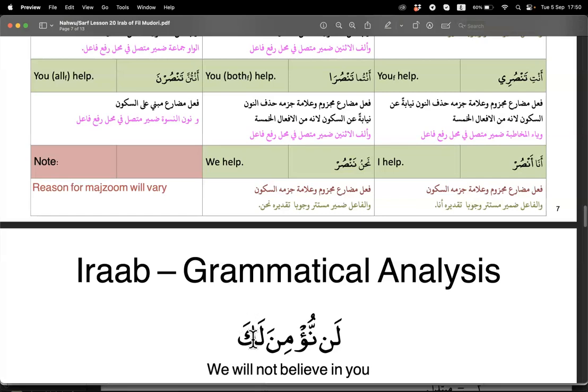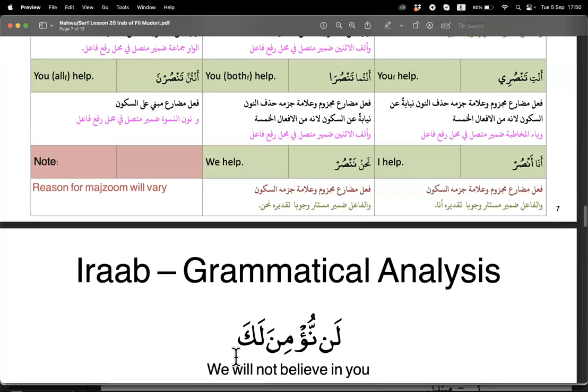Yes, but ka is actually what kind of word? What kind of ism? Is it ism mausul? Is it ism dhamir? Is it ism isharah? Ism dhamir. Yes, it's a dhamir. What kind of dhamir? Munfasil, muttasil, mustatir?